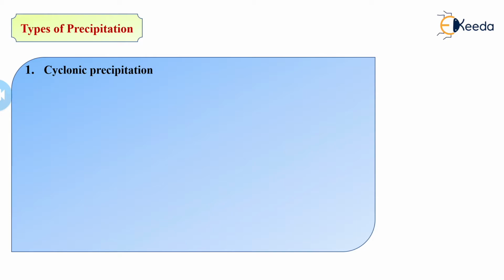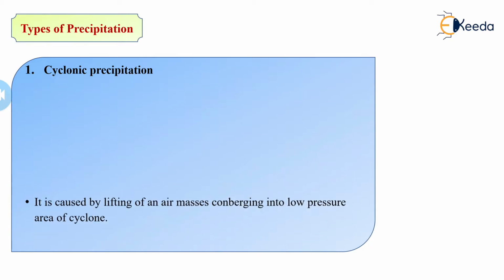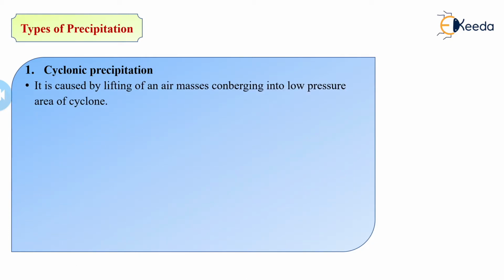The precipitation that occurs because of this cyclone is known as cyclonic precipitation. Generally, in this, there is lifting of air masses converging into the low pressure area of a cyclone. This process helps to generate the cyclonic precipitation.